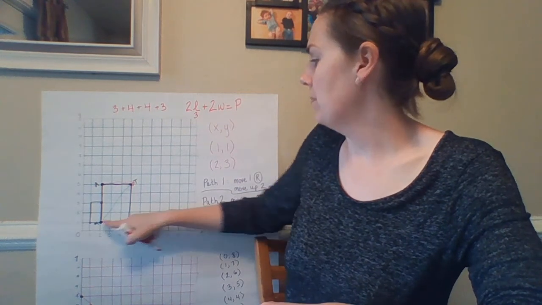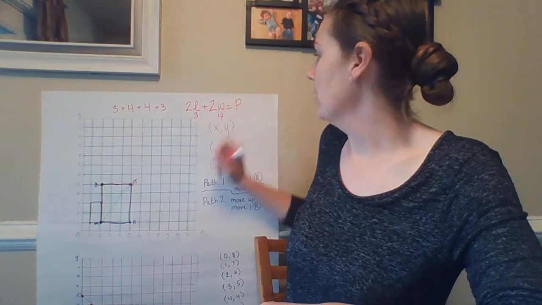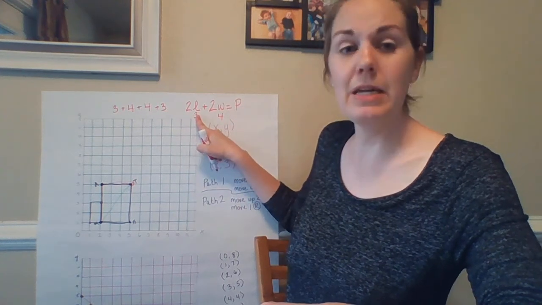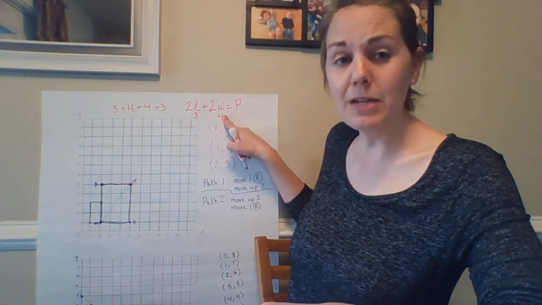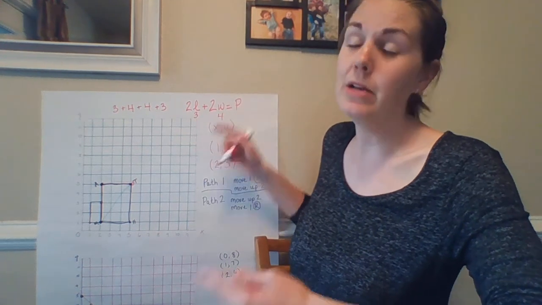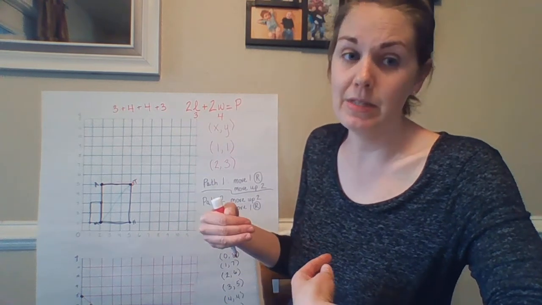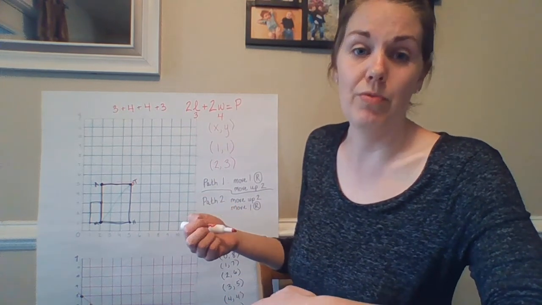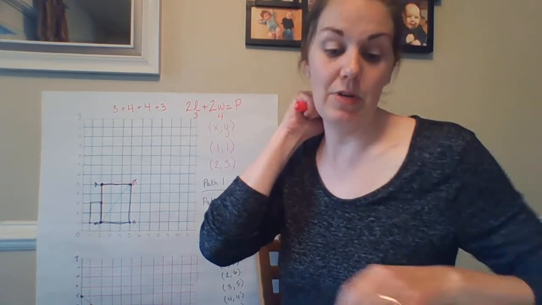Our width would be MA and HT, that would be 4. So we would have 2 times 3 is 6, plus 2 times 4 is 8. 8 plus 6 would be, I know that 6 plus 6 is 12. 8 is 2 more than 6, so I would have 2 more than 12, which would be 14. So the perimeter would be 14 units.